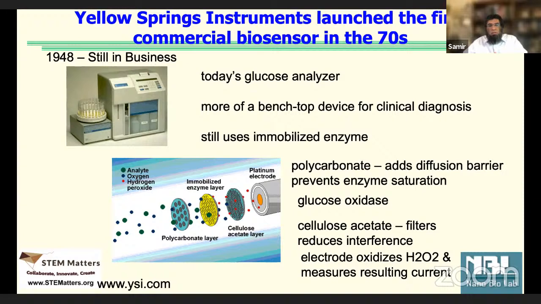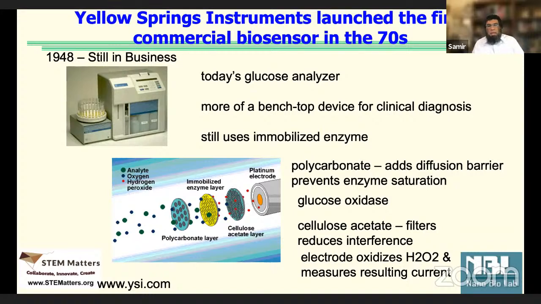Now, there is a whole long range of enzymes. There are many antibodies that we put down on the surface, and many receptors we put down on the surface. These are what we call functionalized surfaces, which give us the recognition capability. Many of the biosensors which are commercially used use enzymes.